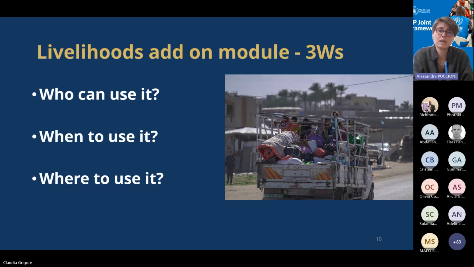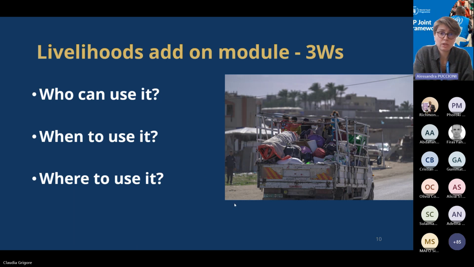Regarding the when, this framework can be used in any country of operation where both organizations are present and are collaborating or wish to collaborate. At the same time, as Christian will clarify later on today, the two organizations can use it independently.